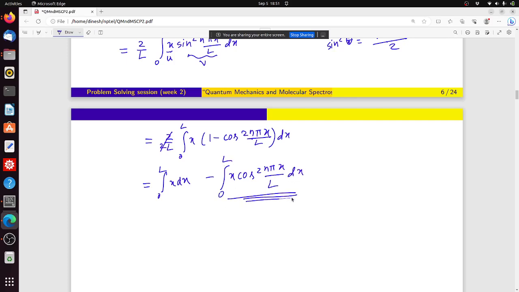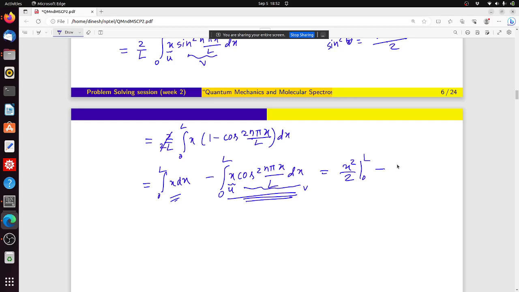Now this integration you have to do. This is pretty simple: x square over 2, from 0 to L. Now this one: let's say this is u, this is v.